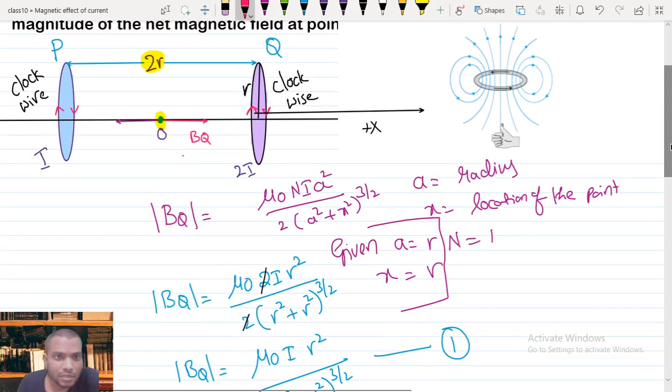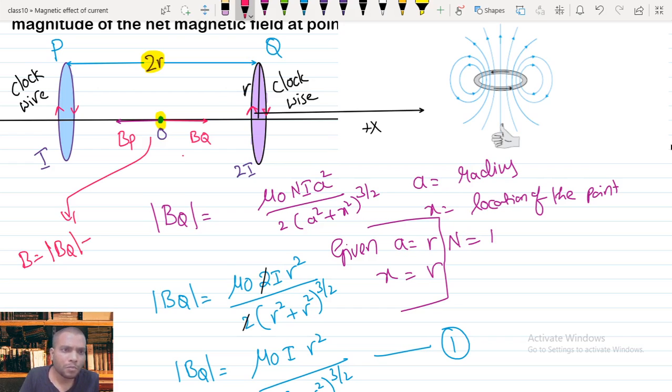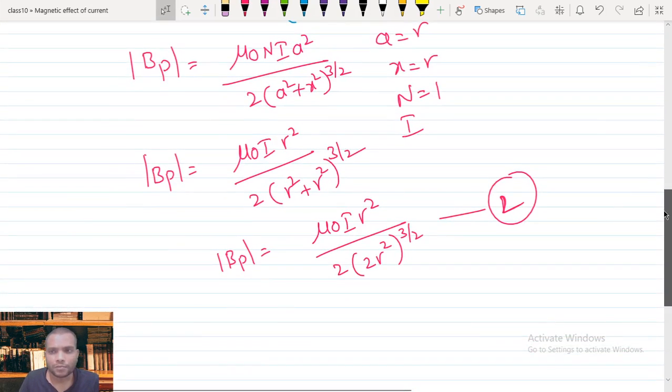Now we can see these two magnetic fields are acting in opposite directions. When they act in opposite directions, to get the resultant magnetic field we need to subtract the magnitude of the magnetic field due to P from that due to Q. This is vector subtraction, since the magnetic field is a vector acting oppositely at the same point.